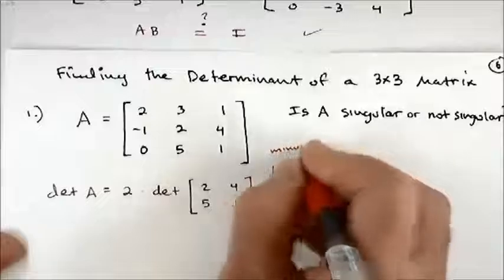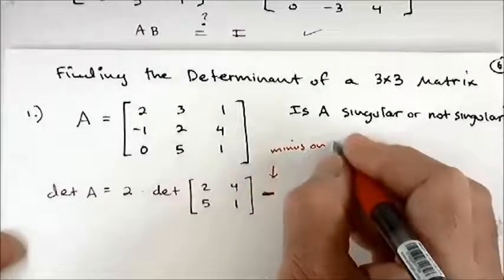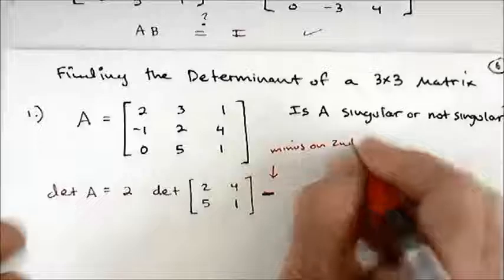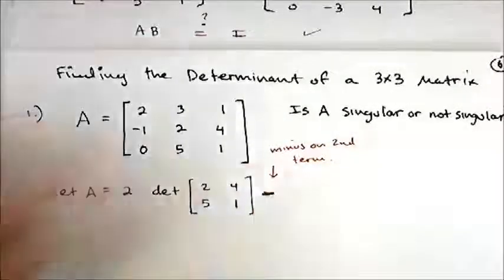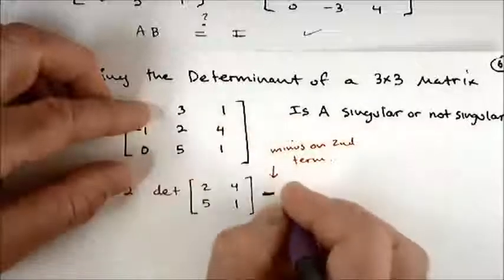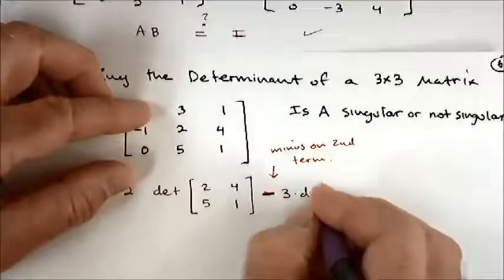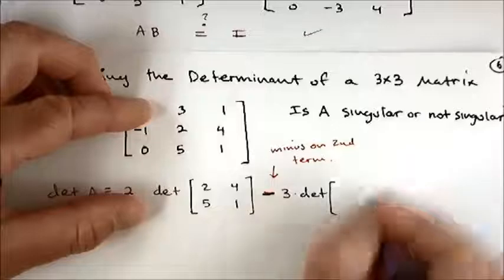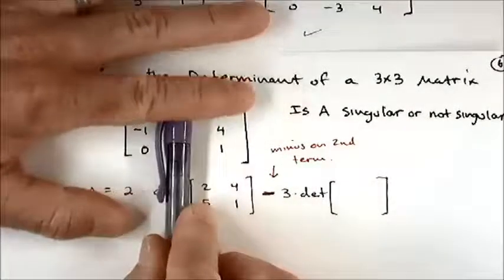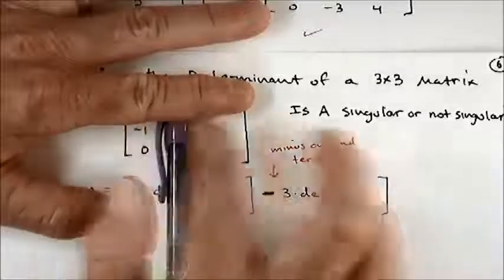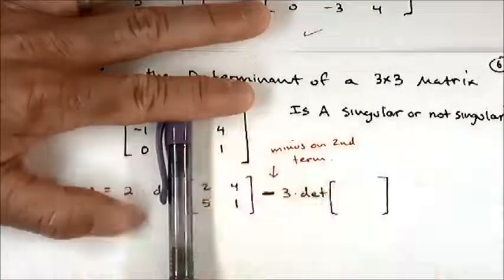Minus on the second term. That second term was 3, and we're going to multiply it by the determinant of the 2x2 matrix made up of blocking out the row and column that 3 is in: [-1, 4; 0, 1].